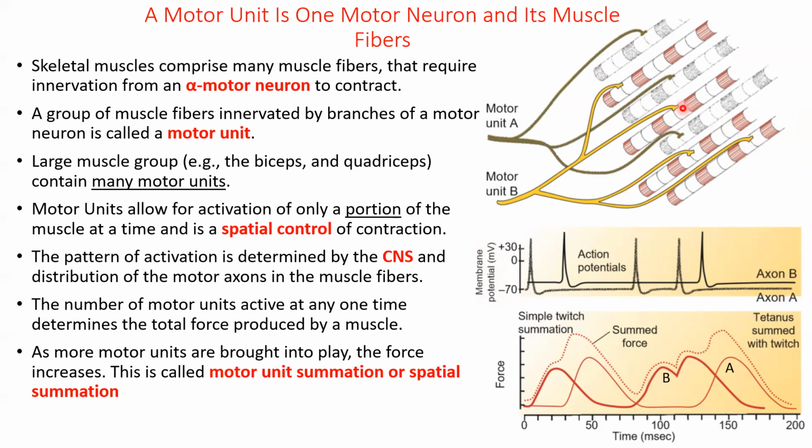Okay, so rather than just using one of them working, you use all of them working. So two ways you can increase force of contraction. Increase the rate of action potentials down the motor neuron, or recruit more motor units. All right?